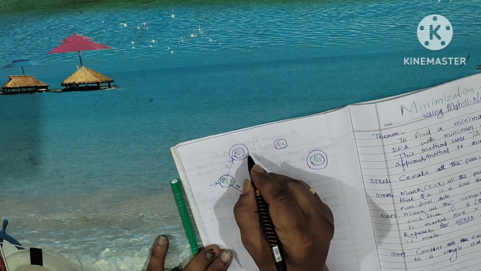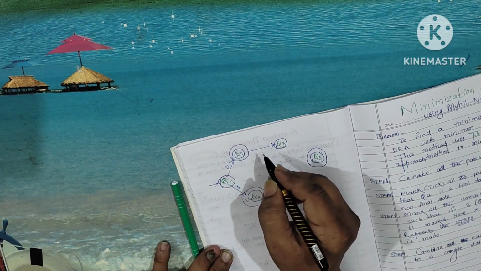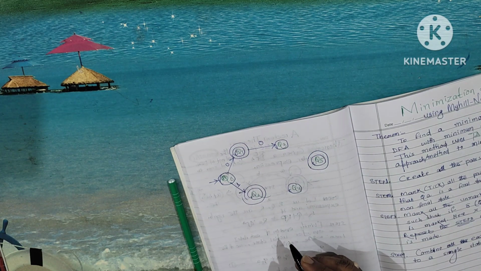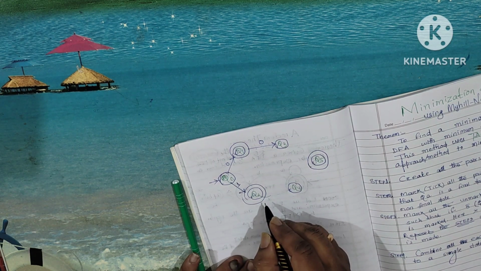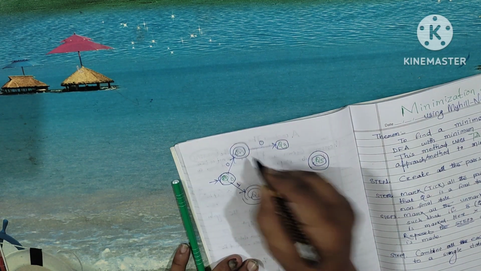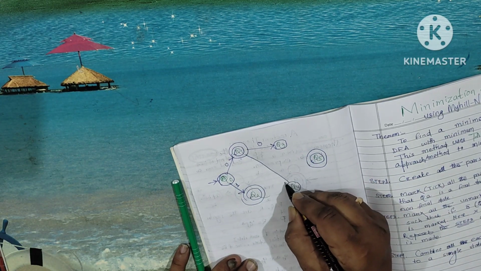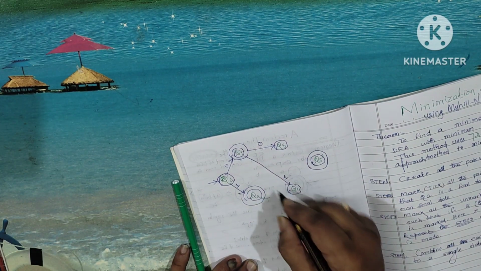Similarly, Q1 on input 0 goes to Q3, and on input 1 goes to state Q4.